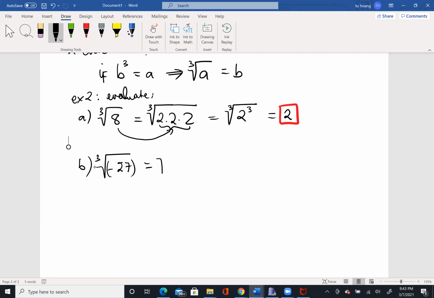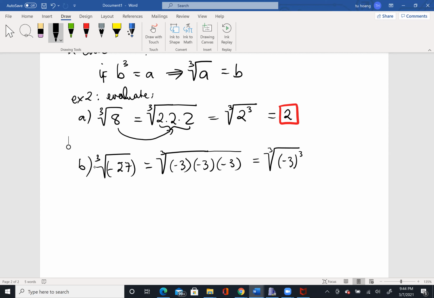I know that negative 27 can be rewritten as negative 3 times another negative 3 times another negative 3. So I can rewrite this as negative 3 to the power 3.